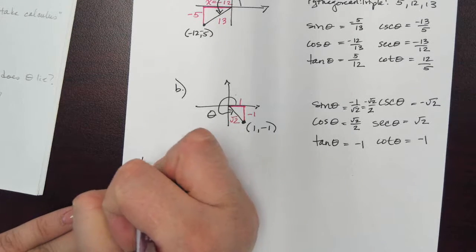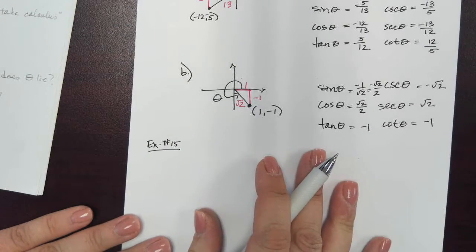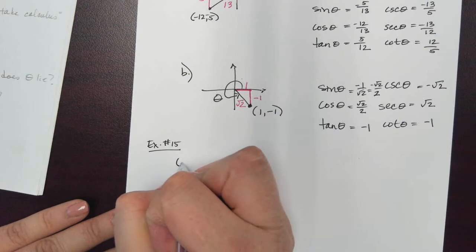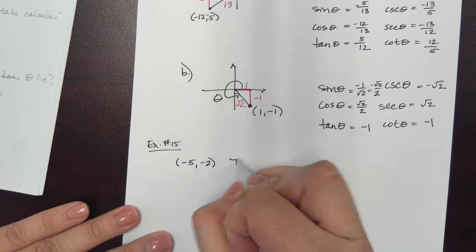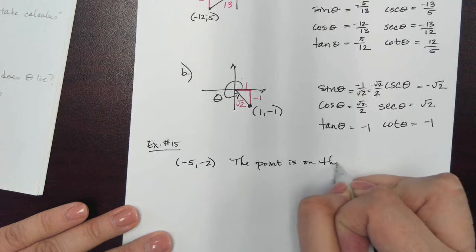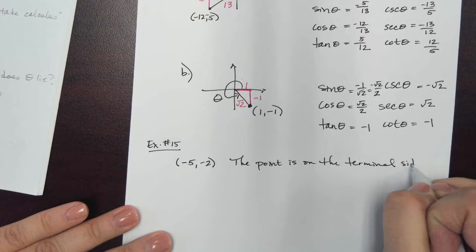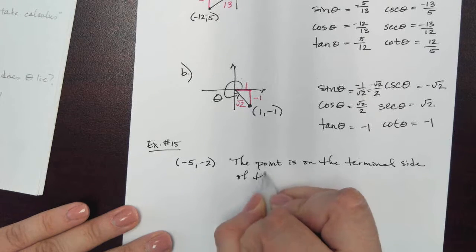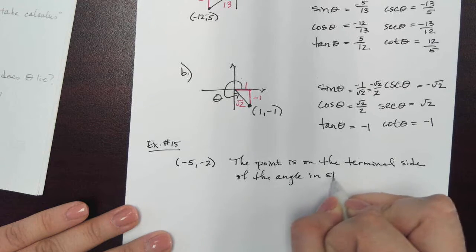Example number 15 gives me the point negative 5, negative 2, and says the point is on the terminal side of the angle in standard position.